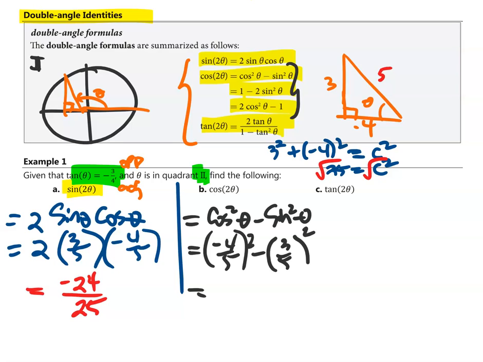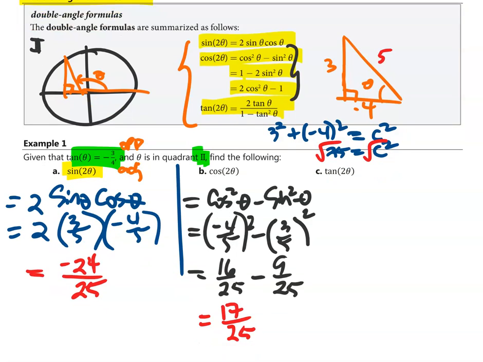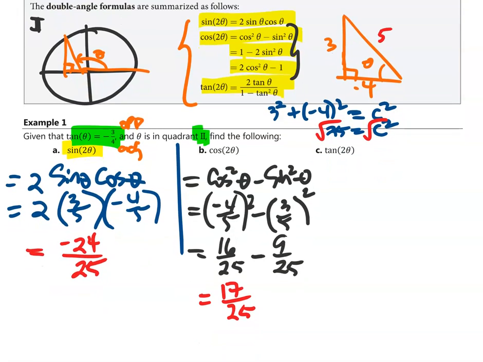Negative 4/5 squared is 16 over 25. 3/5 squared is 9 over 25, and 16 minus 9 is 17 over 25. So that is cosine 2 theta.